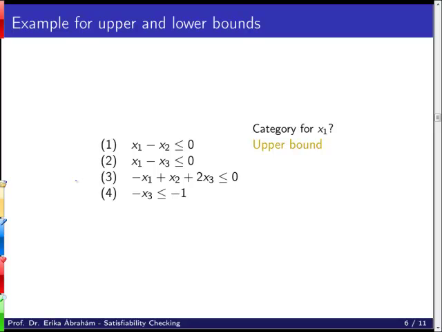The second one also, because here I just add x3, so I get x1 less or equal x3, so it is also an upper bound. The next one is a lower bound because the coefficient here is minus 1, so negative. And the last one does not put any bound because x1 does not appear in it at all.